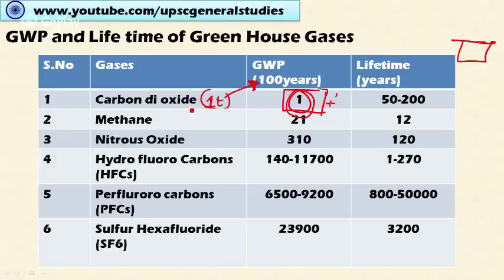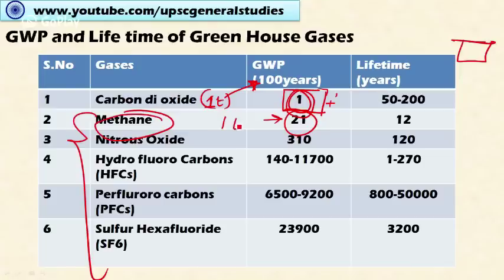On this base, the global warming potential of all the greenhouse gases is calculated. For example, methane causes 21 times more global warming when compared to carbon dioxide, because it has 21 units of global warming potential. 1 ton of methane released into the atmosphere causes 21 times the heating caused by carbon dioxide.